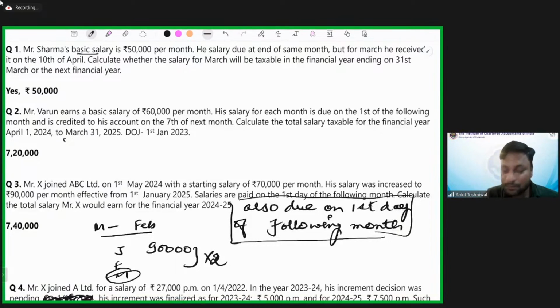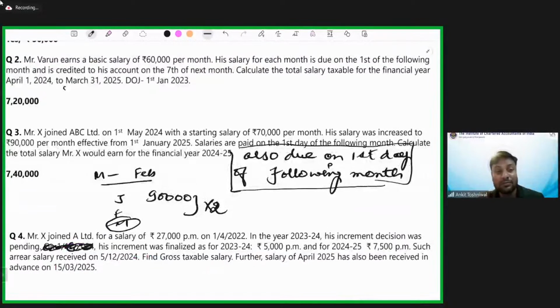Sir, one more doubt, please. For example, Mr. A has a salary of 10,000, and he takes an advance from the company, rupees 5,000 from the employer. Is it an advance, or an advance against salary? Advance against. Okay. And the salary of 5,000 is adjusted against this advance.